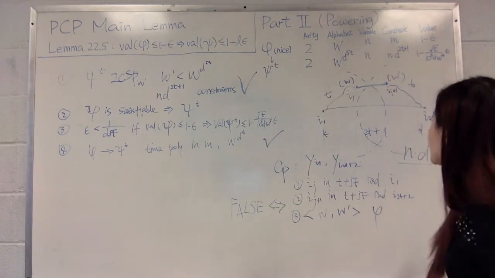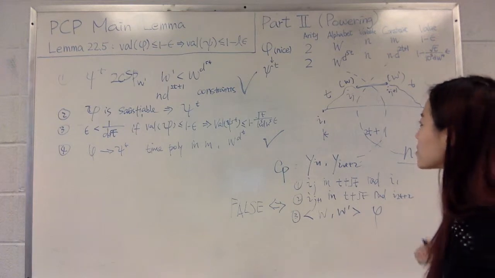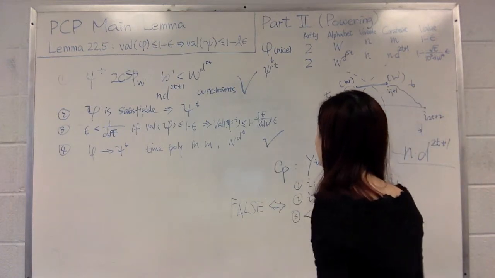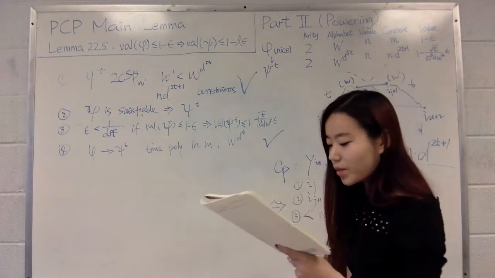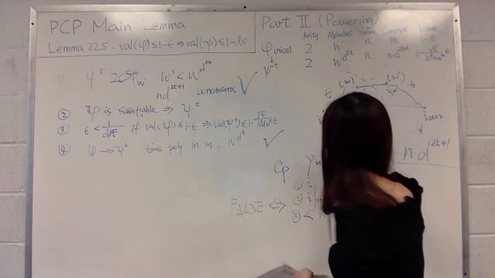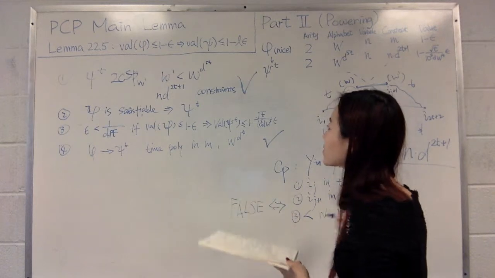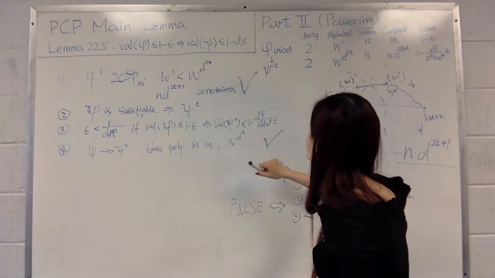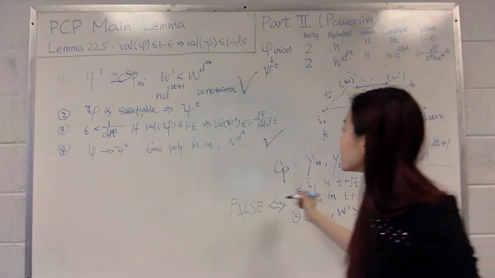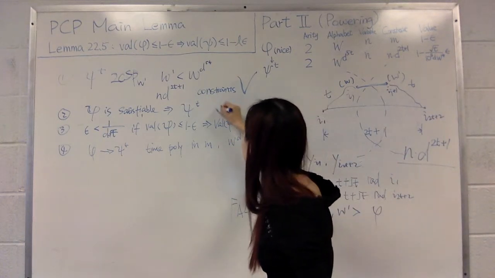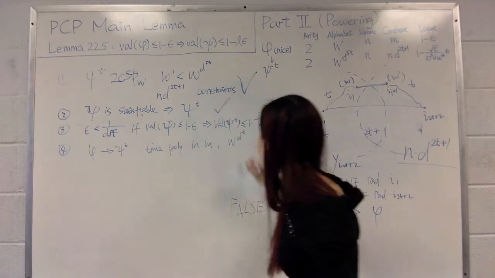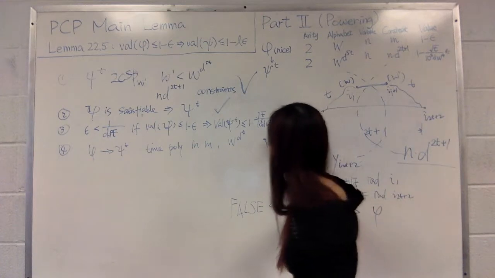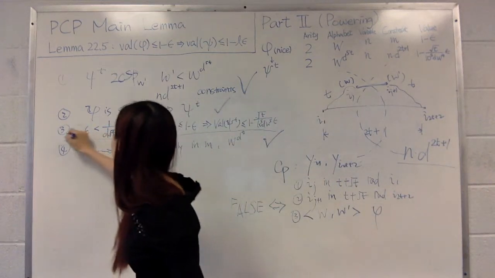And according to this kind of assignment, by using some canonical assignment for the new variables, we can also get that if phi is satisfiable, then so is psi t. Then we can see that it satisfies the second property. That leaves the third one, which is also the most important one.